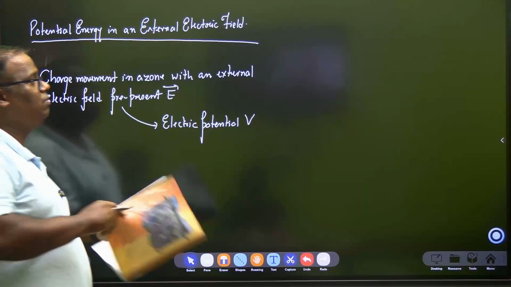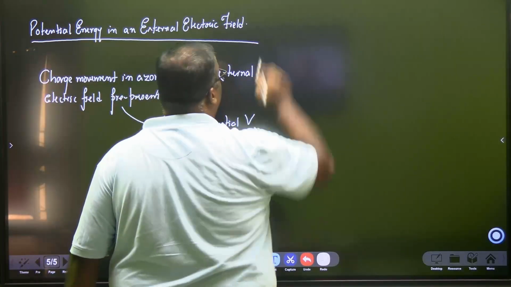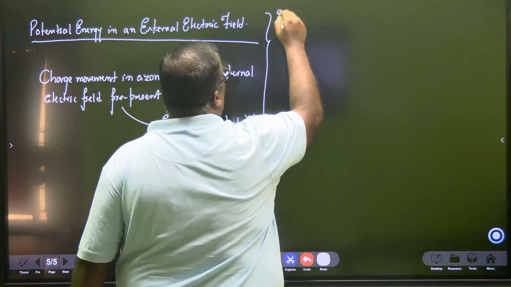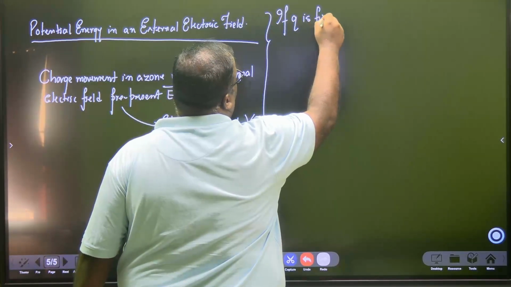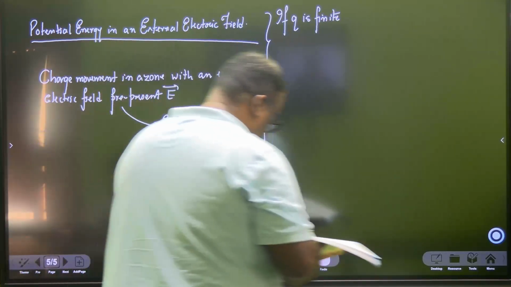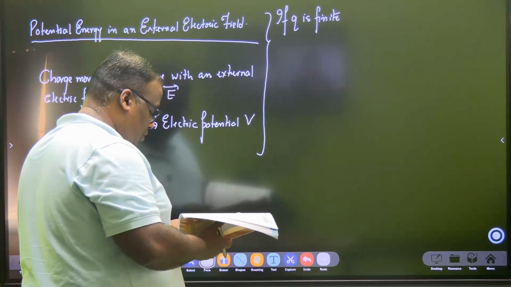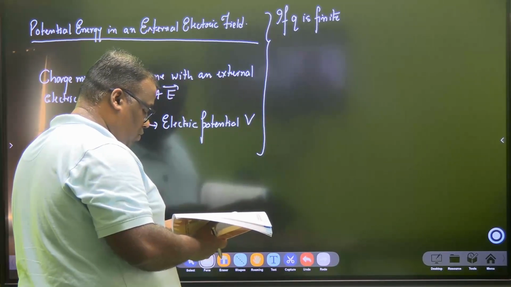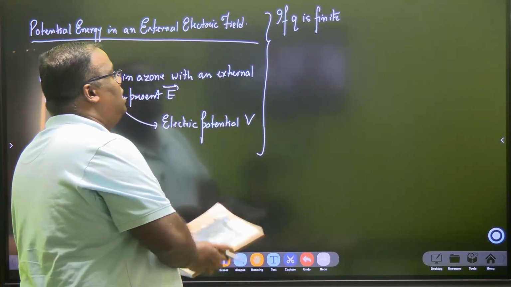So if Q is finite, finite means Q is not a test charge, it is a charge with a value. If Q is finite, its influence on the external sources may still be ignored in the situation when very strong sources far away at infinity produce a finite electric field E of interest.